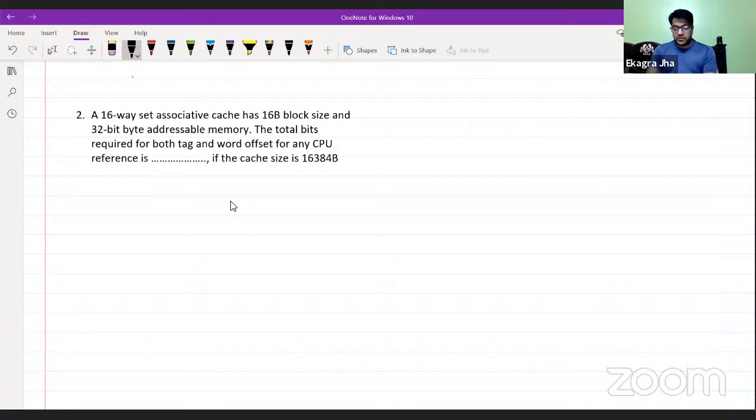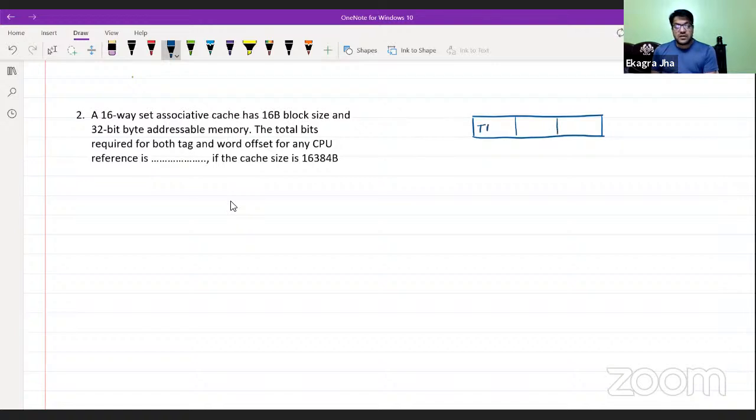So all you need to first understand is what is the set associative cache and how the set associative cache format looks like. Okay, so I'm writing it over here. The set associative cache format looks like this. This format has three things.